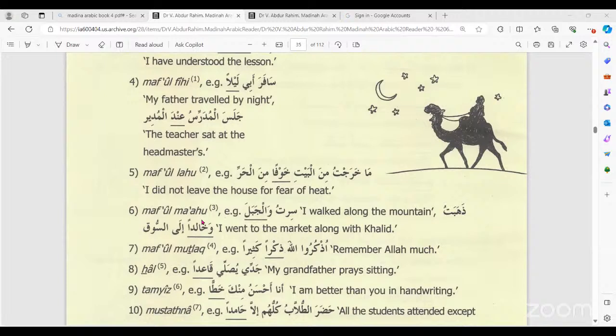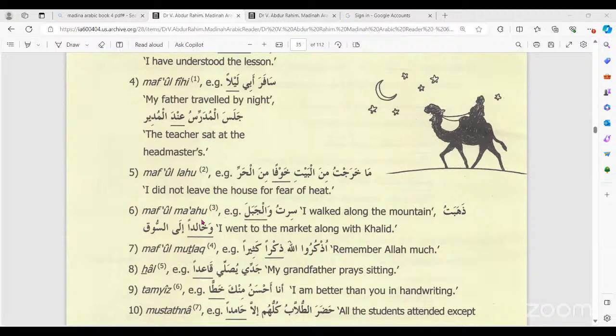Now I'll give you an example from the Quran. It says la taqtulu awladakum khashyata imlakin. Do not kill your children due to the fear of financial restraints.